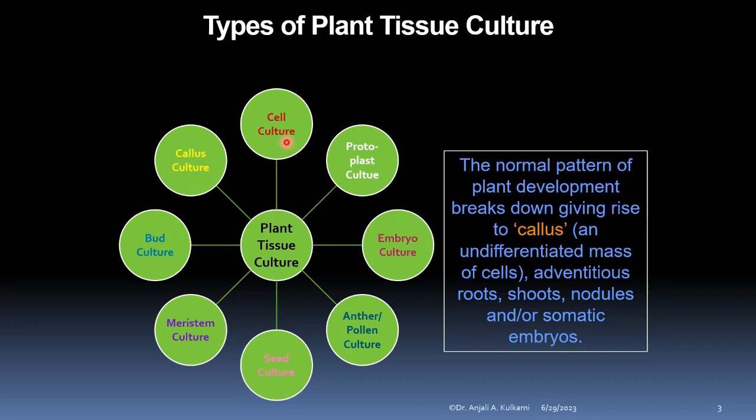There are many other culture types, like in some cases you have got shoot cultures, in some cases you have got root cultures. But for today's talk, I will be talking mostly about the cell cultures and a little bit about the callus cultures.